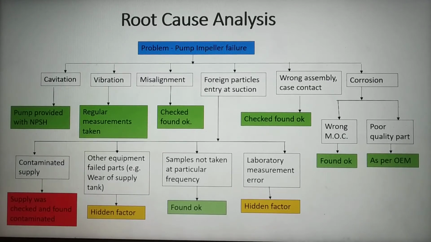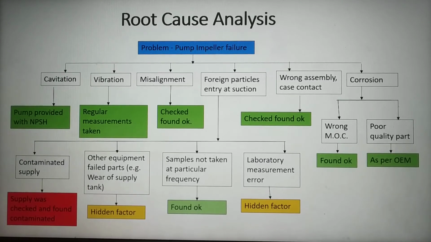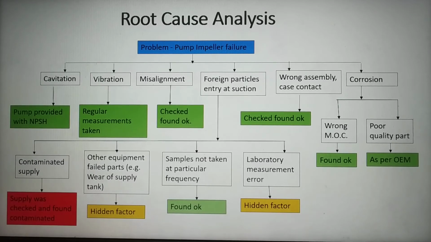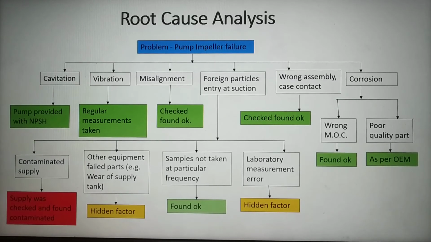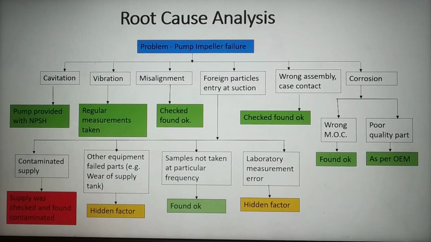So this equipment can fail and some parts get damaged and come into the suction line of this pump. But this is a hidden factor, so this can't be measured. So let's keep this factor aside now.